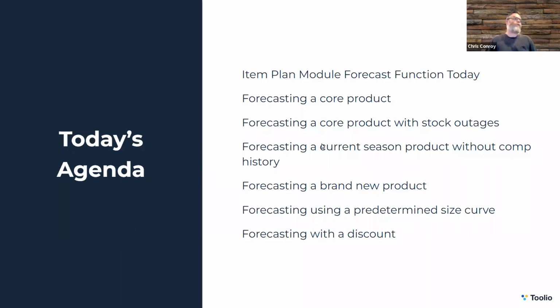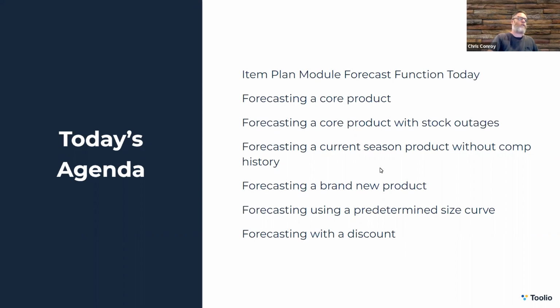So today we're going to go through the item plan module forecast function. We're going to be forecasting a core product, which most might be familiar with. That's been the tried and true forecasting function we've had. We're going to forecast a core product with stock outages. It's not going to solve every issue, but there are some ways to do that.